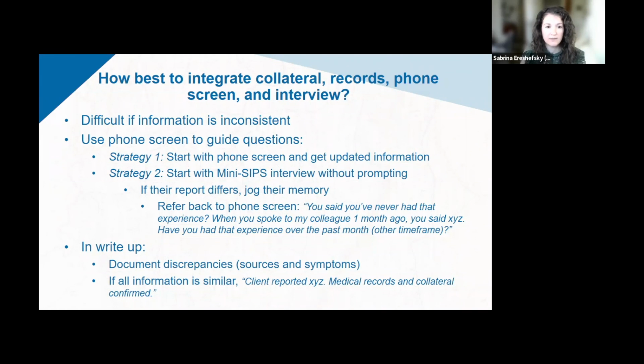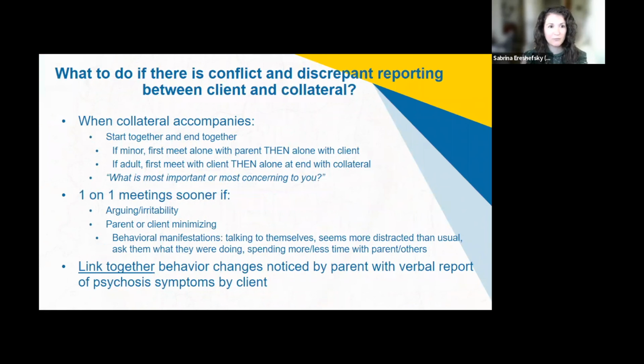It's important to state the source of the information if you're doing a write-up, as well as note if you were able to ask about an inconsistency during the interview itself. If there's conflict or discrepant reporting with the client and the collateral, if you have them both in the room, it can be helpful to try to separate them during an intake.